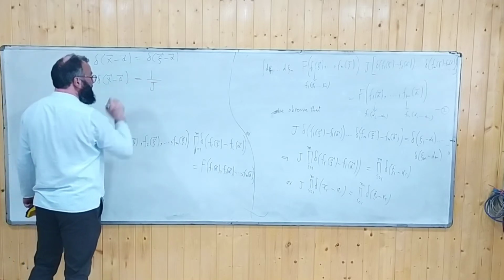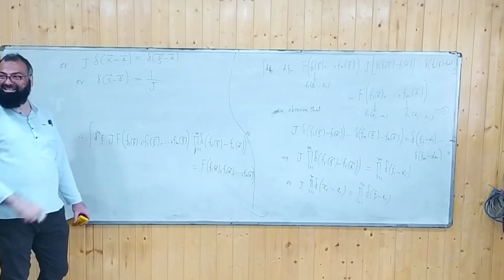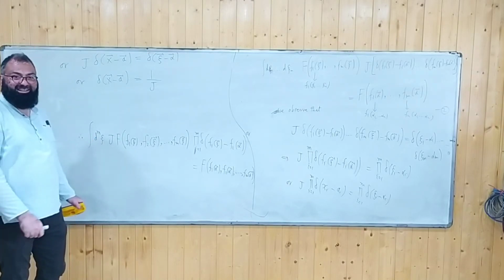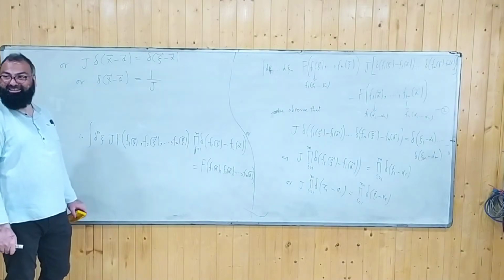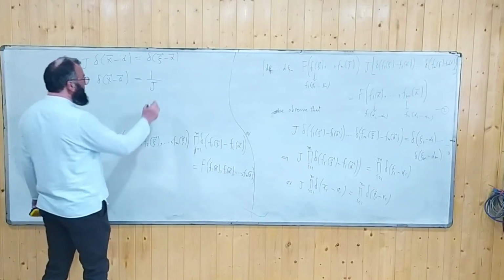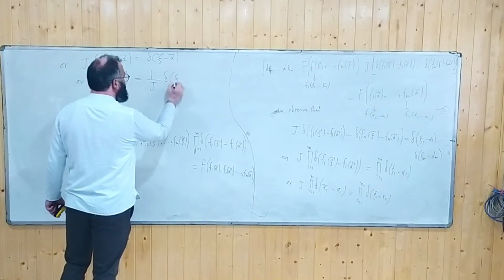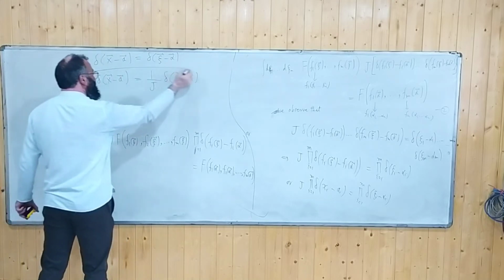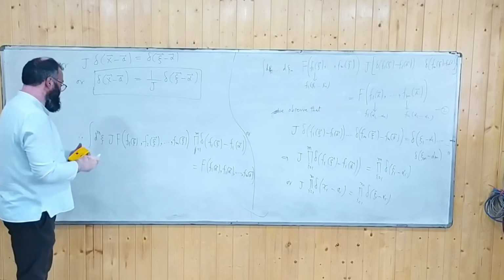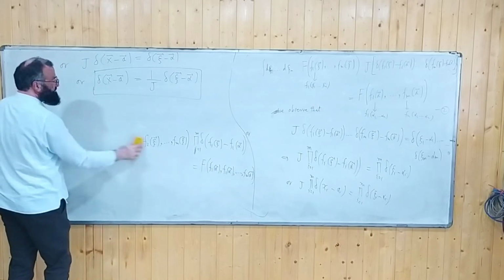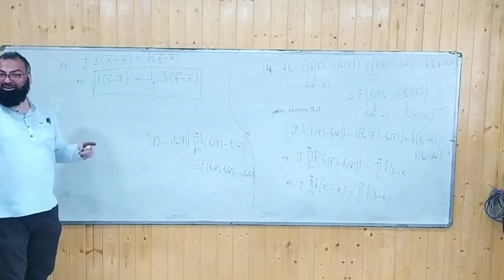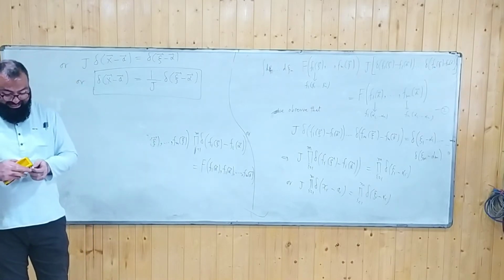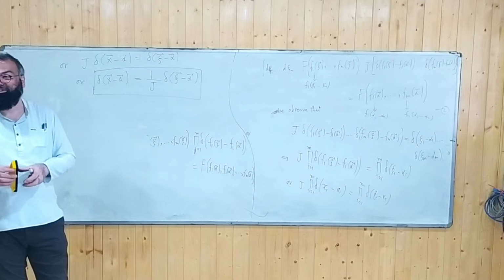Clear? So in other words, the delta function defined in the Cartesian coordinate system transforms with a factor of 1 divided by the Jacobian. This we have already done earlier, when we were finding the potential due to a line charge. You remember? When we applied the cylindrical coordinates. Okay, what was our assumption in deriving this?